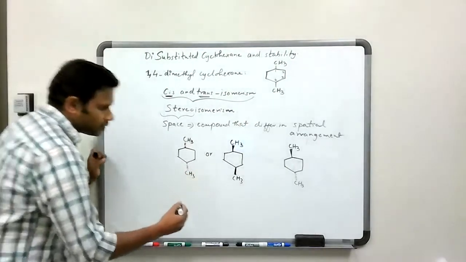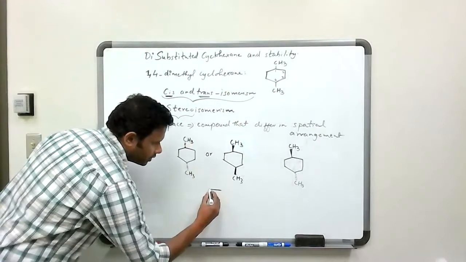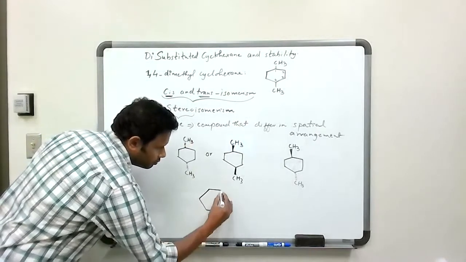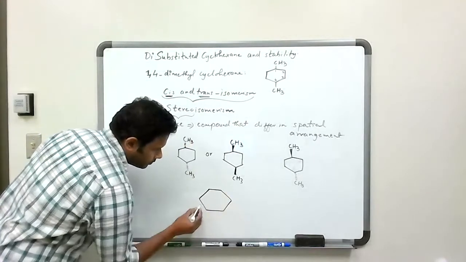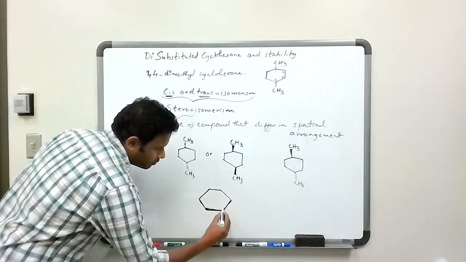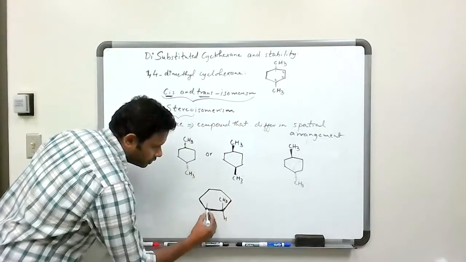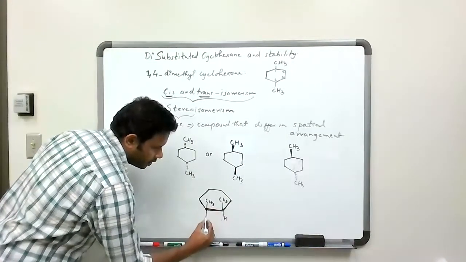Now, another way to draw something like this, if we had to show it otherwise, would be to draw it like this, okay, where we have the ring coming out, and then maybe we say that there's CH3 over there, hydrogen here, CH3 there, hydrogen here.